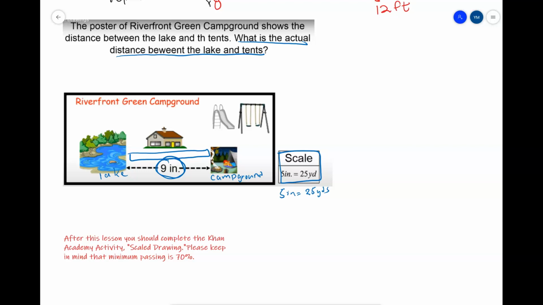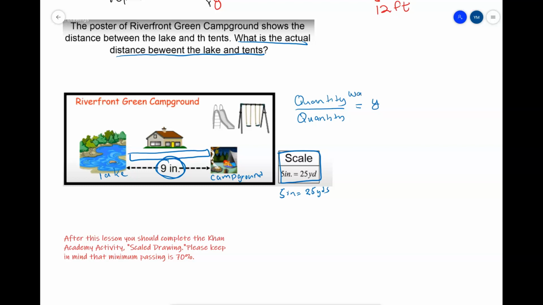So again, if you weren't working on the problem already, you want to pause it. How are you going to set up your ratio? Remember, the ratio is something that we want out of something that is given to you. Division means out of. In this case, what we want is in yards.